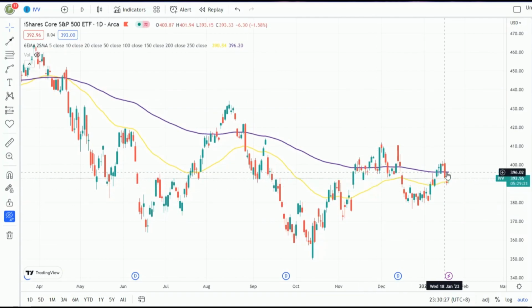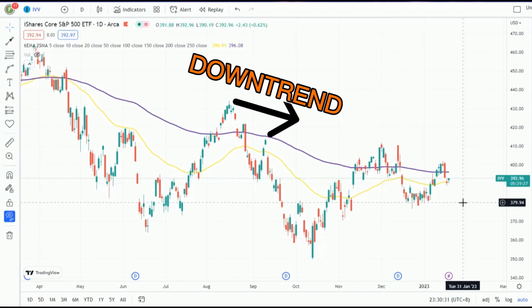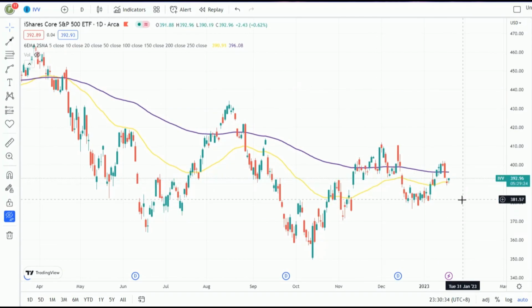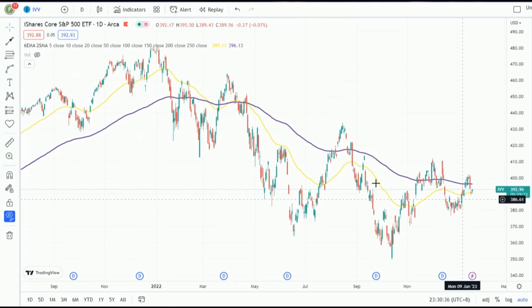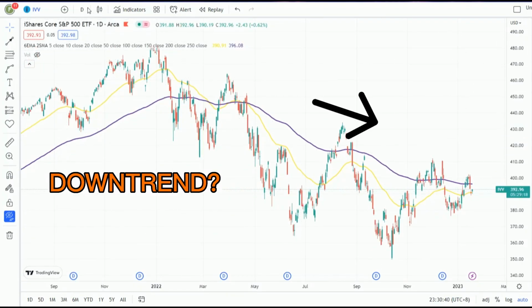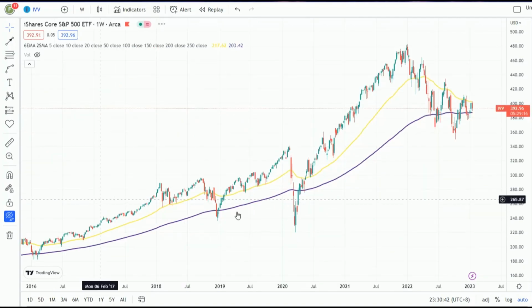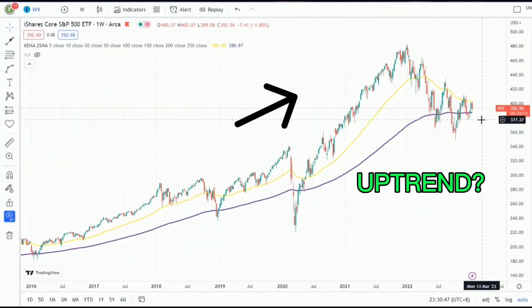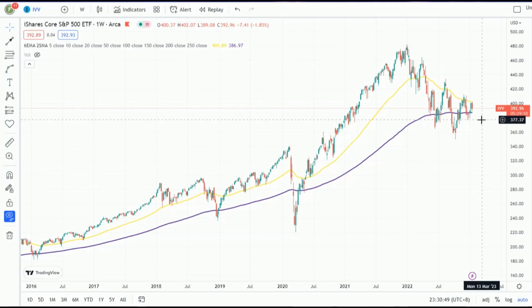So it is still on a downtrend. So now the question is, do you take this as a downtrend or do you view it as an uptrend? This is judgmental, it's up to each analyst's perspective.